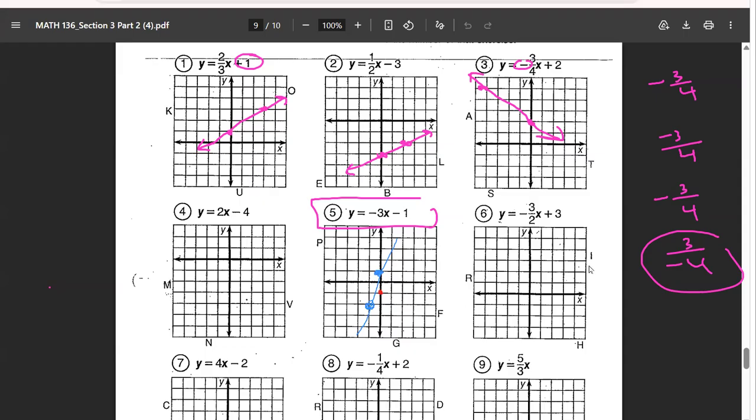Is it positive or negative? Looking at number 5 here. It's negative, right? The slope of the equation is negative, correct? So, okay, so here it's negative, correct?